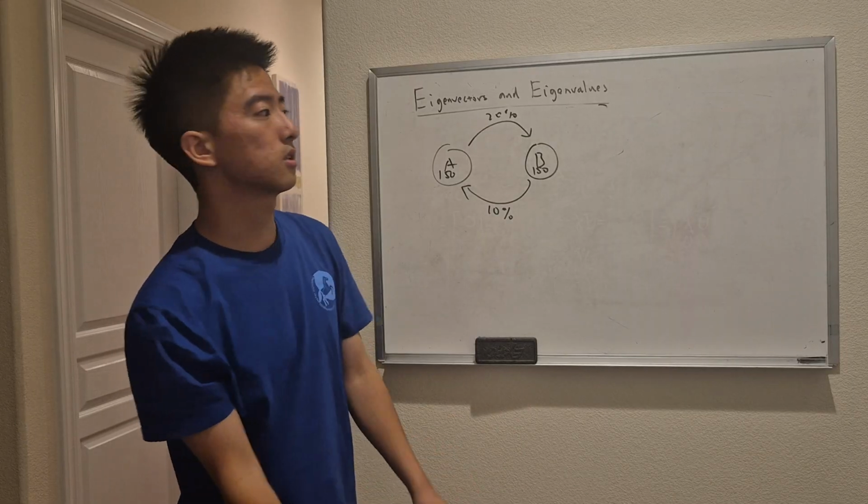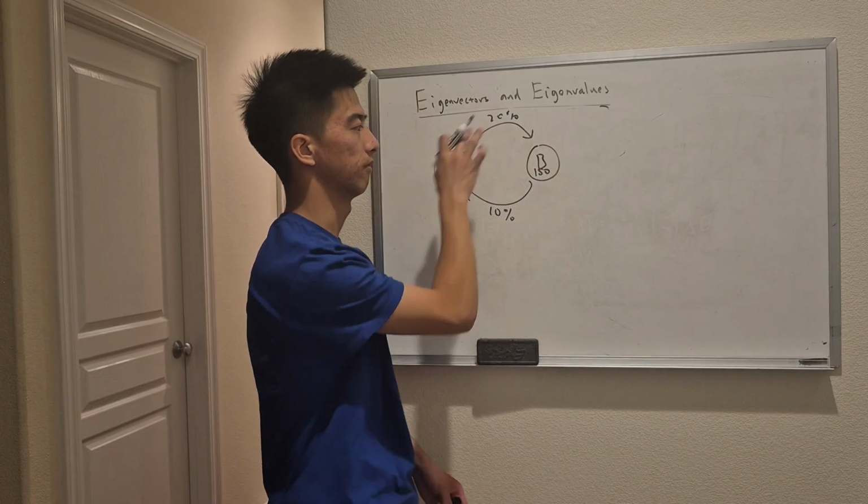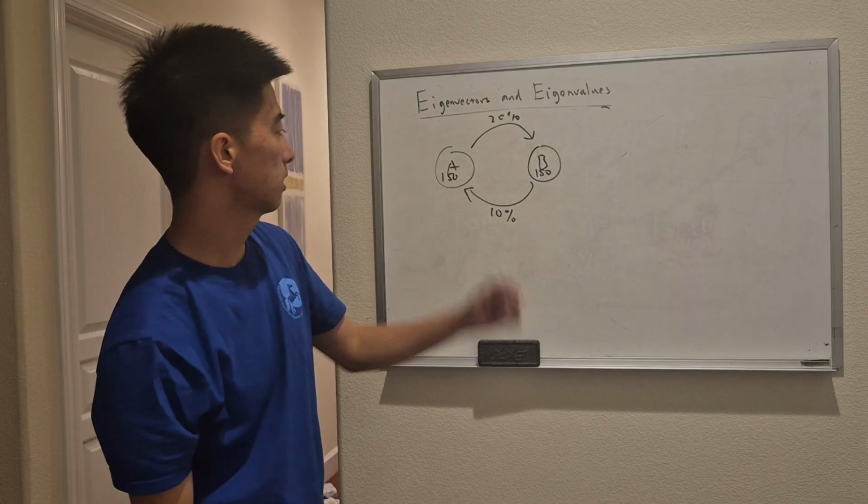You might think at first that because the 20% is more than 10%, that eventually everything will become bacteria B, but that is not the case. So let's do a couple examples.